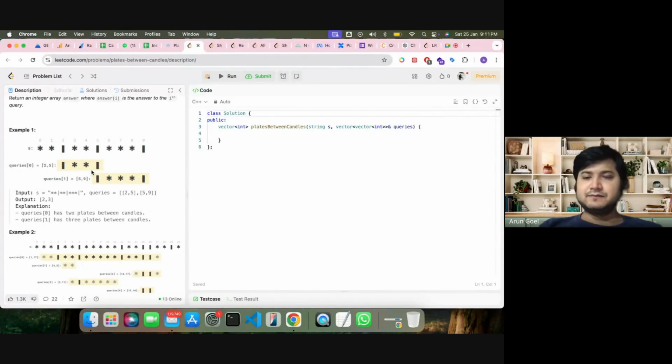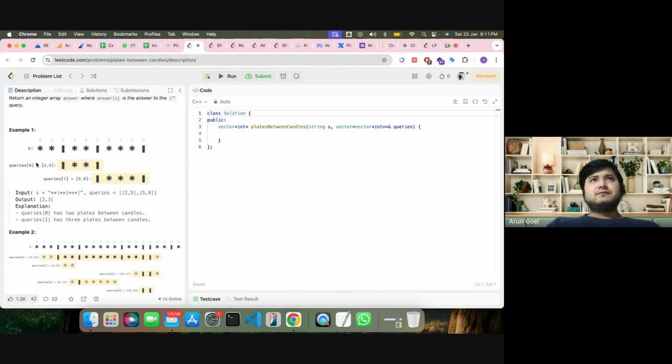Okay. What to do? What to do? If we are able to store how many plates are there till the ith index, would we be able to find the number of total plates between i and j in order of one time? Yes or no?